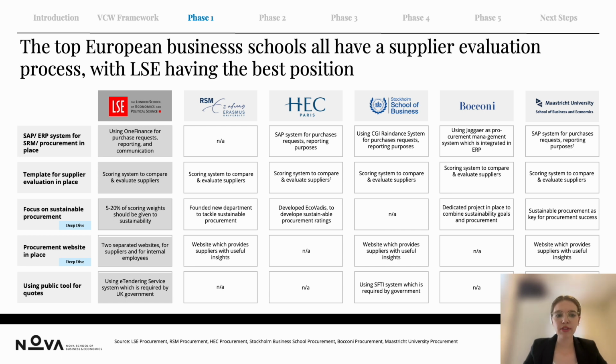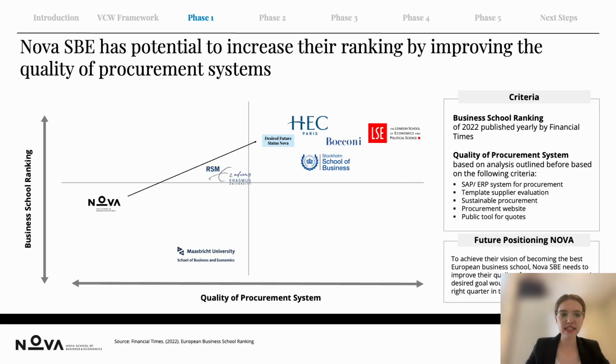We also looked at whether they're using public tools for quotes, which is quite common in the public institution sector. We demonstrated that here in this graph. On the y-axis you can see the business school ranking of the Financial Times, which is published annually, and on the x-axis you can see the quality of the procurement system they currently have.